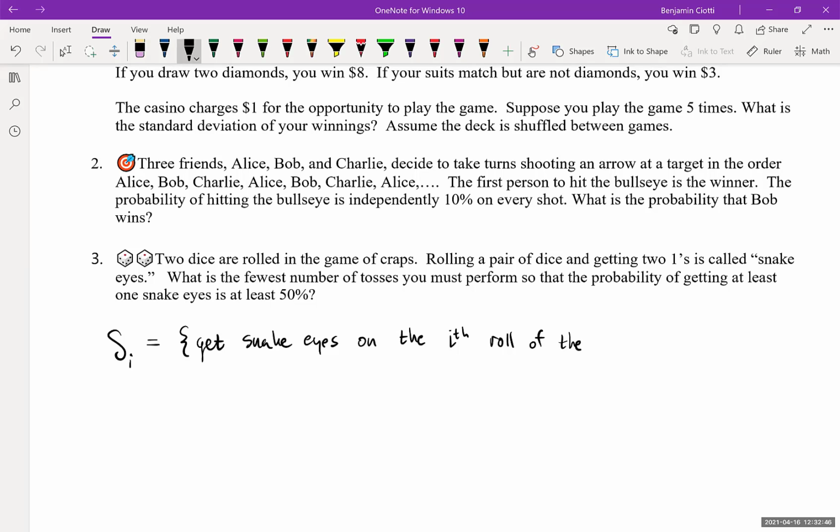When I say roll, I mean a roll of both die. That's a single roll, is you toss both of the die. What's P of S sub i? Someone who hasn't said anything yet.